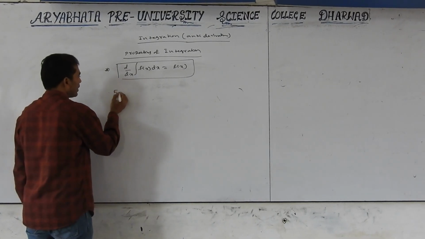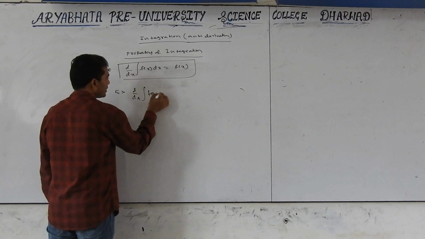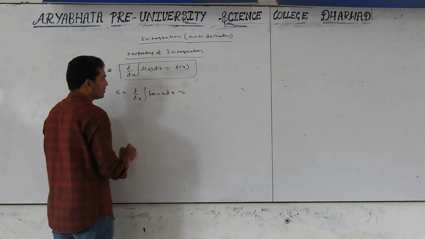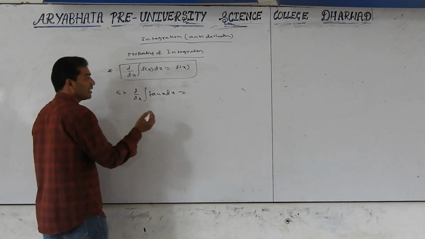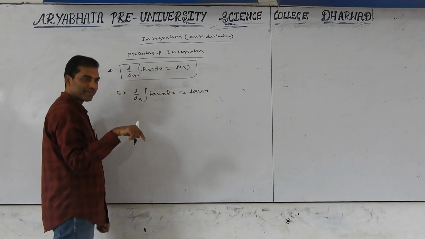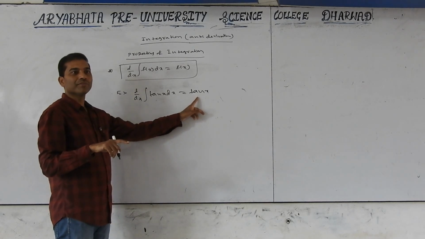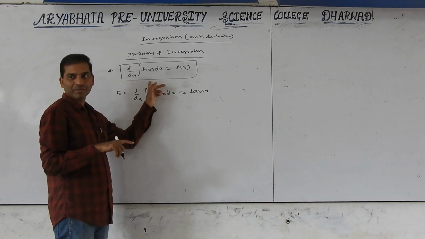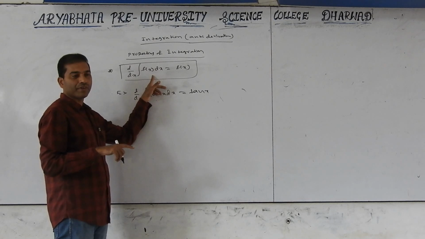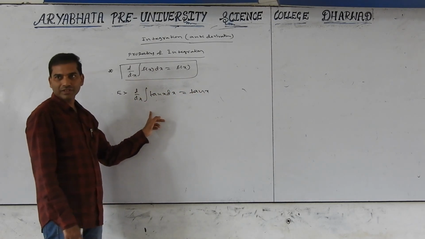Here is an example. D by dx of integration of tan x dx equal to tan x. We don't know the integration of tan x so far, but we still got the answer. Why? From the property d by dx of integration of f of x dx equal to f of x. Understood?